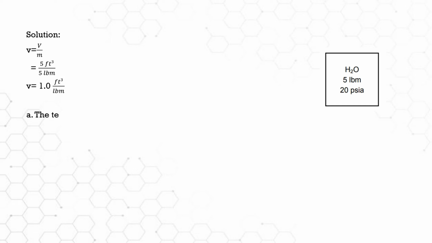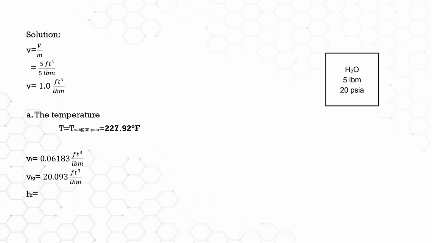At 20 pounds per square inch absolute, in our property table, we have saturated liquid, V sub F, equals 0.01683 cubic feet per pound mass, and saturated vapor equals 20.093 cubic feet per pound from our table A-5.